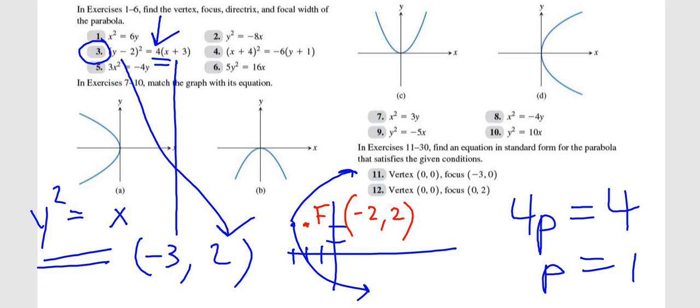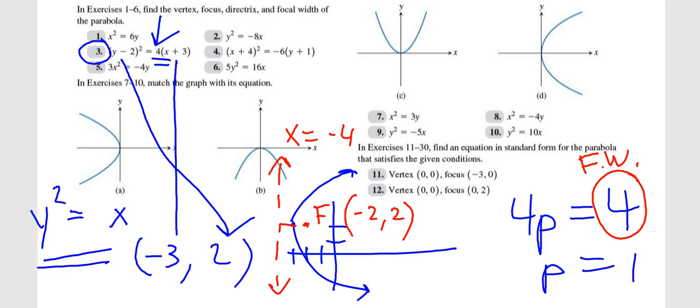And how far outside of the parabola should I go to find the vertex or directrix? 1 unit. So we know that this equation is what? x equals -4. And then we asked for the focal width, but we already have that over here, right? There's your focal width.